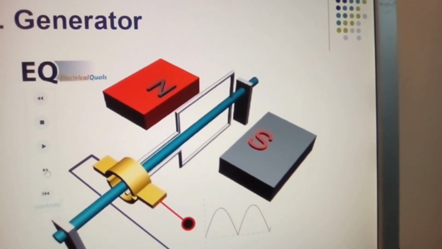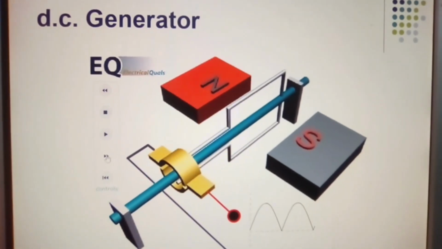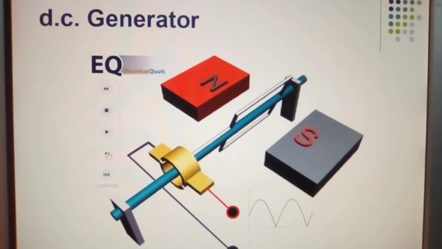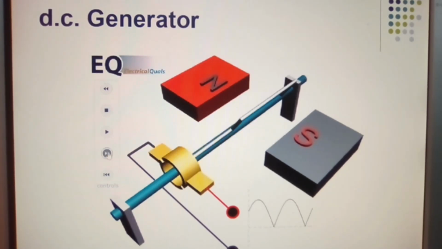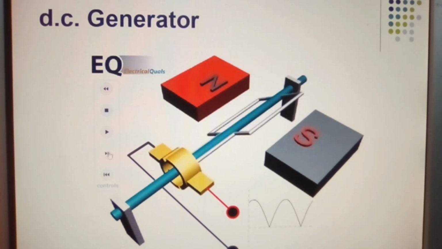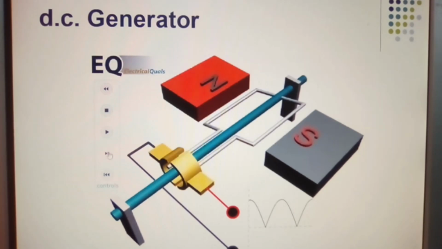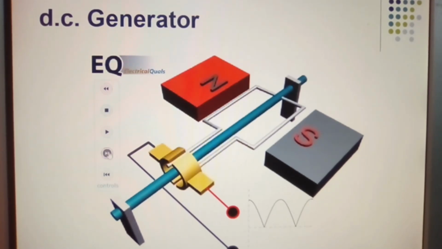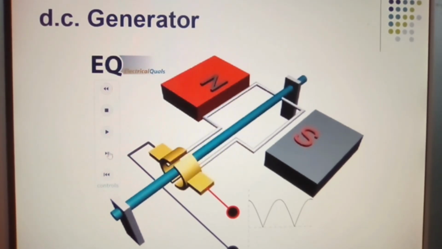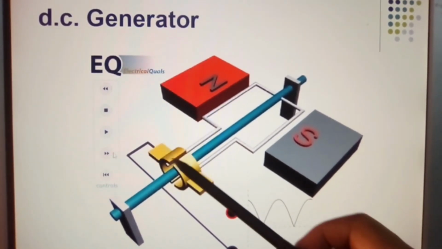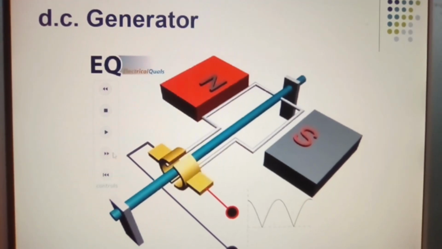Now you can see here, simply by tapping that, I am moving it, inching it basically. And you can see here that each of these coils is connected to part of the commutator.